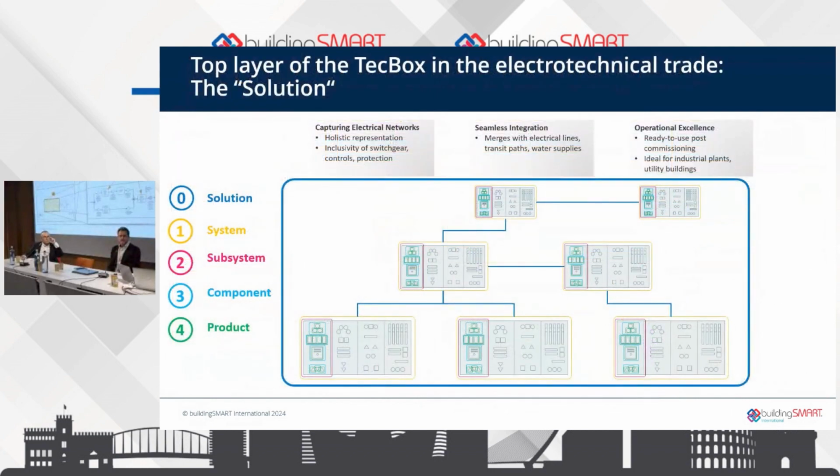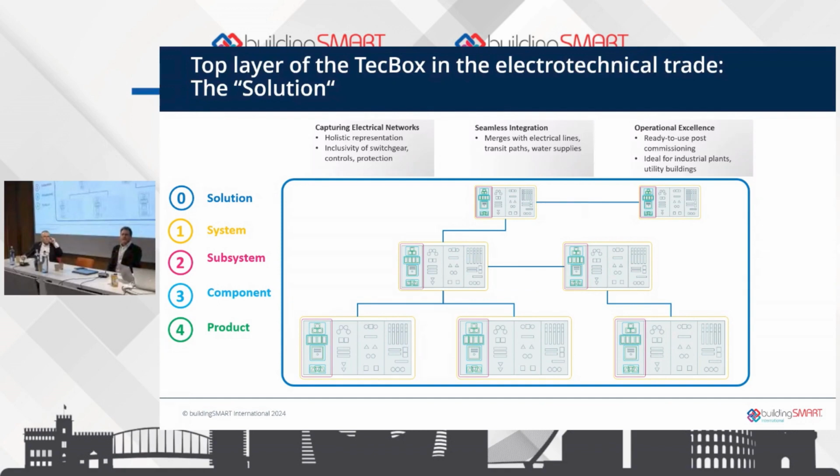And in this session, we come to how we do it in IFC, how this is done, how this can actually work. And here again, so we have different levels of text box entities, if you like, for our domain. So the highest one is solution. Then we have, so which would be the complete building electrical network.